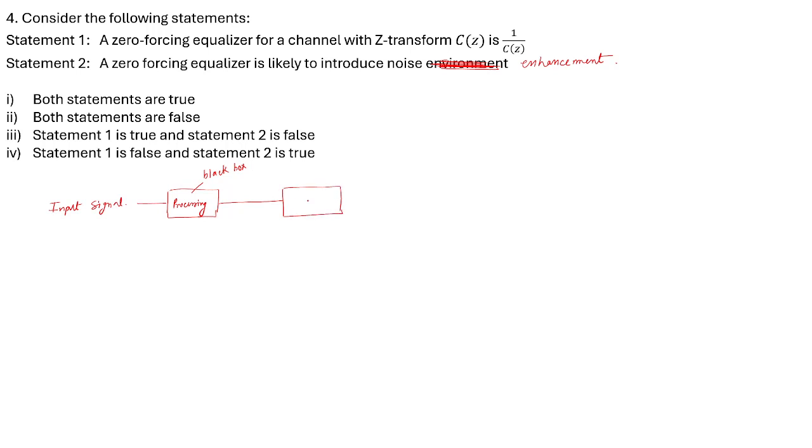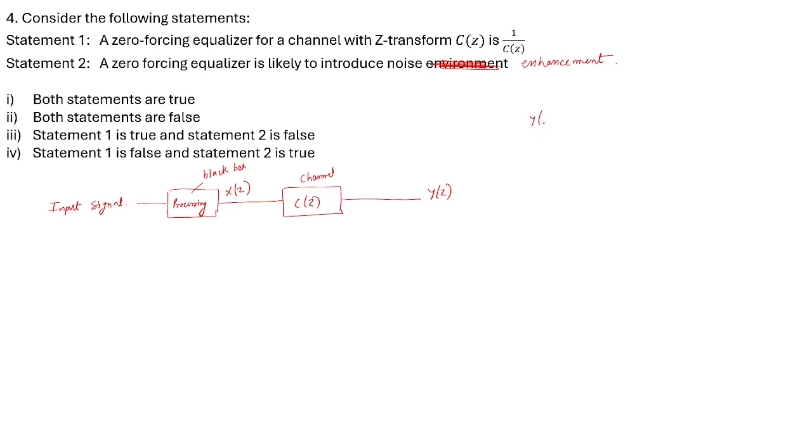We are considering this channel with Z transform C(z), and we receive the output signal Y(z), where you transmit X(z), so everything is fine.